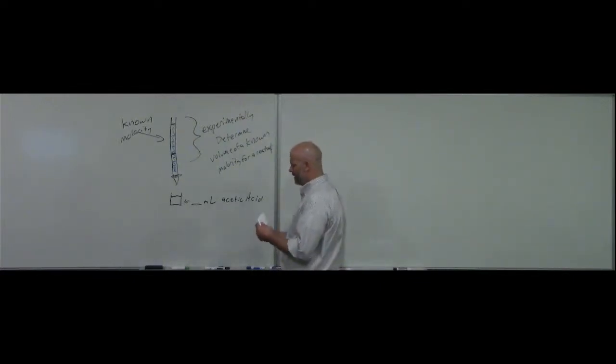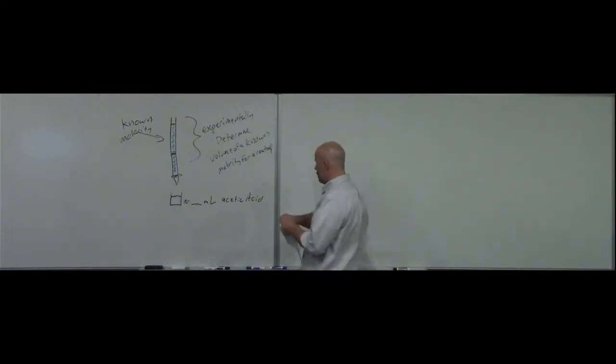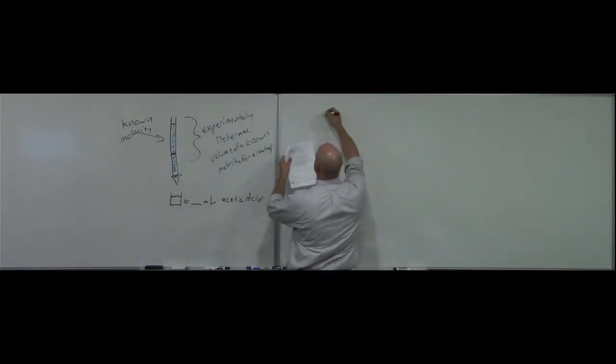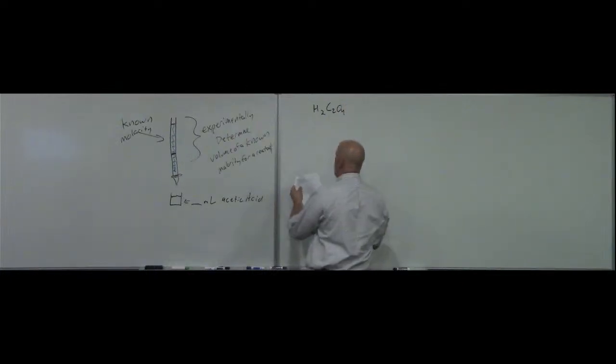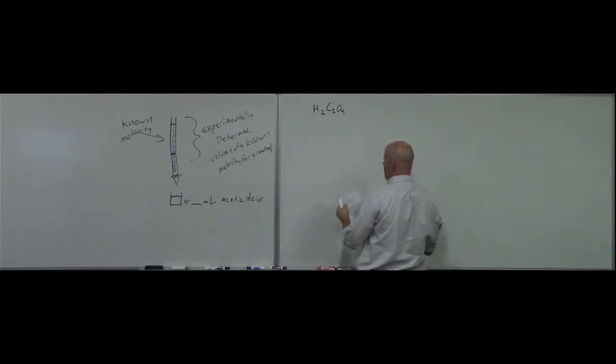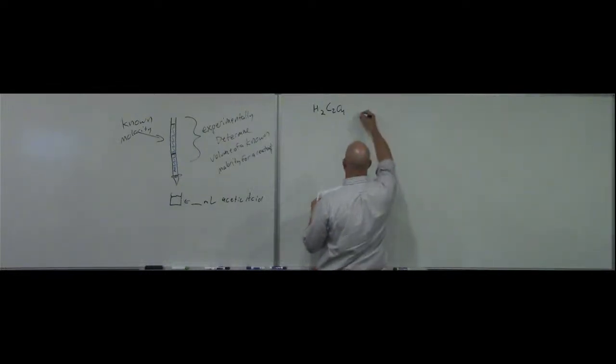This is a 20 milliliter sample of aqueous oxalic acid. Oxalic acid looks like this. It's H2C2O4. It was titrated with a 0.09115 molar solution of potassium permanganate.